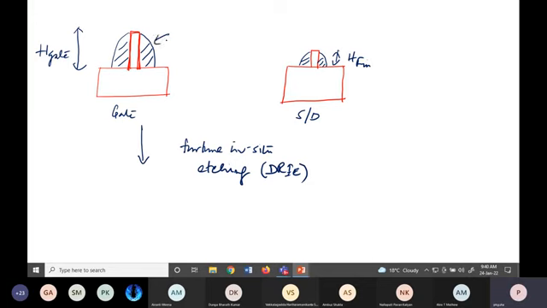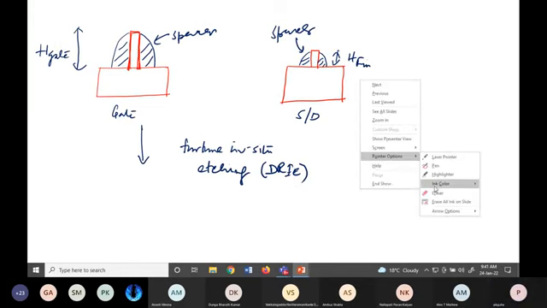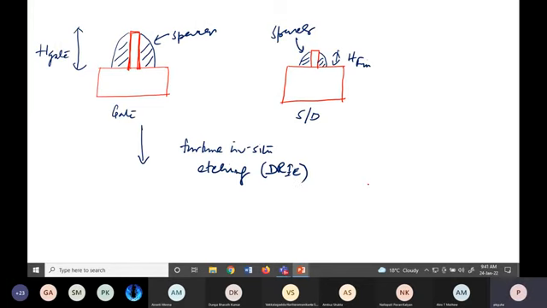So these are my spacer layers, until you remove the spacer layer around source and drain. So you end up with this, my H fin.